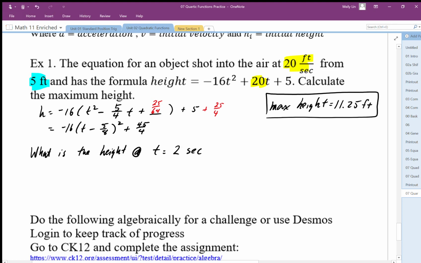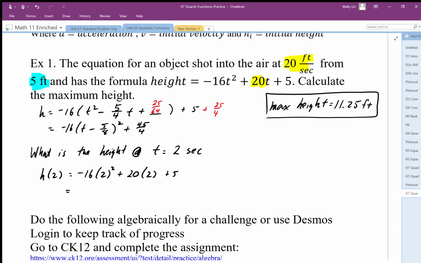We can plug in 2 seconds here, so height at 2 is -16 times 2 squared plus 20 times 2 plus 5.